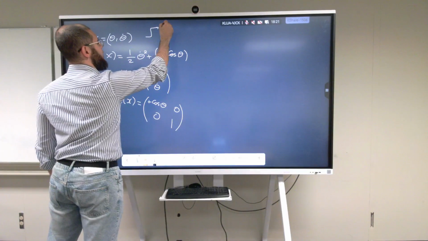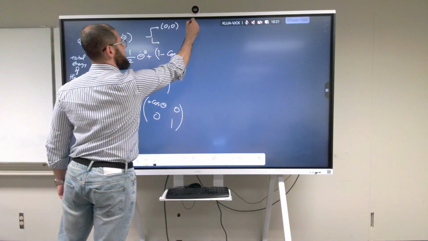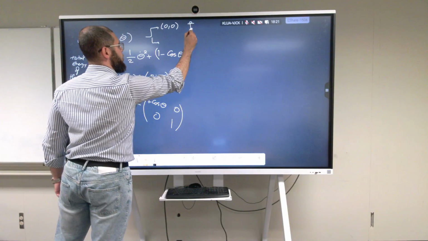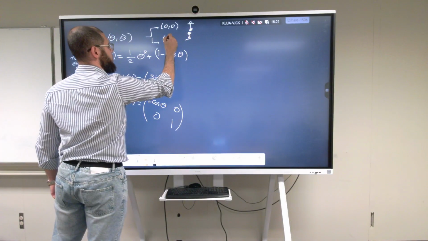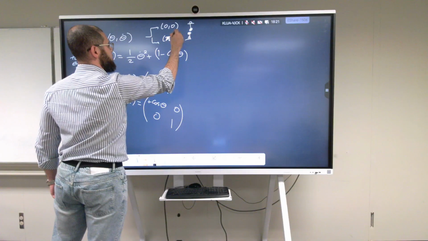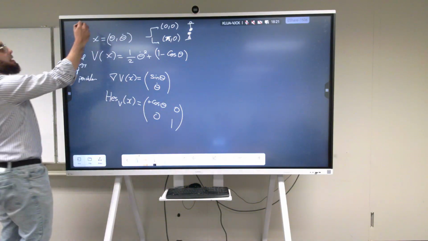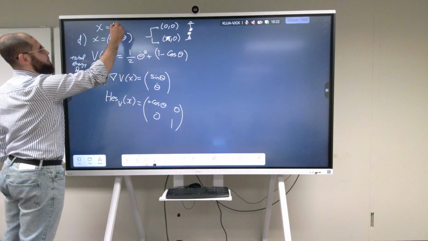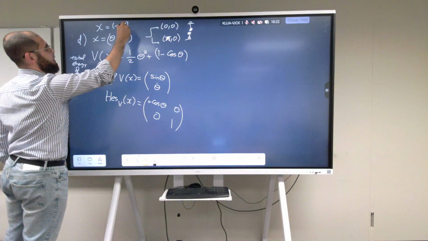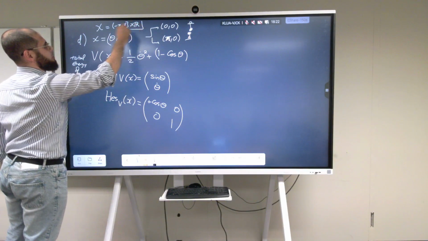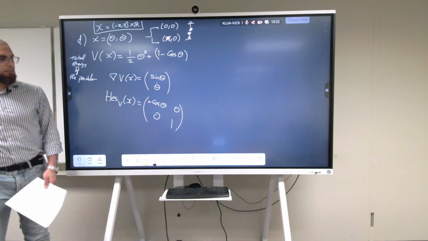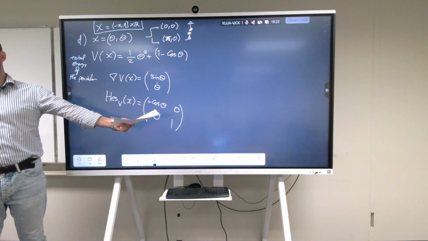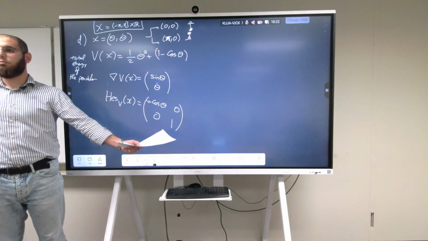It had 0 and 0, which is the downward position of the pendulum, and it had the upward position of the pendulum, which was pi and 0, because the state space for theta was from minus pi to pi, crossed with R. So if I evaluate cosine 0, what do I get? 1. So 1, 0, 0, 1, positive definite.